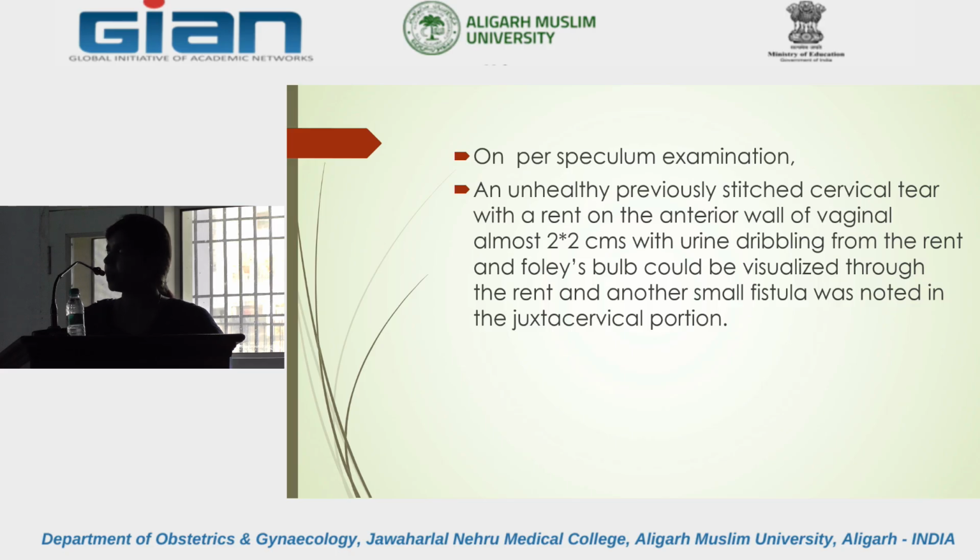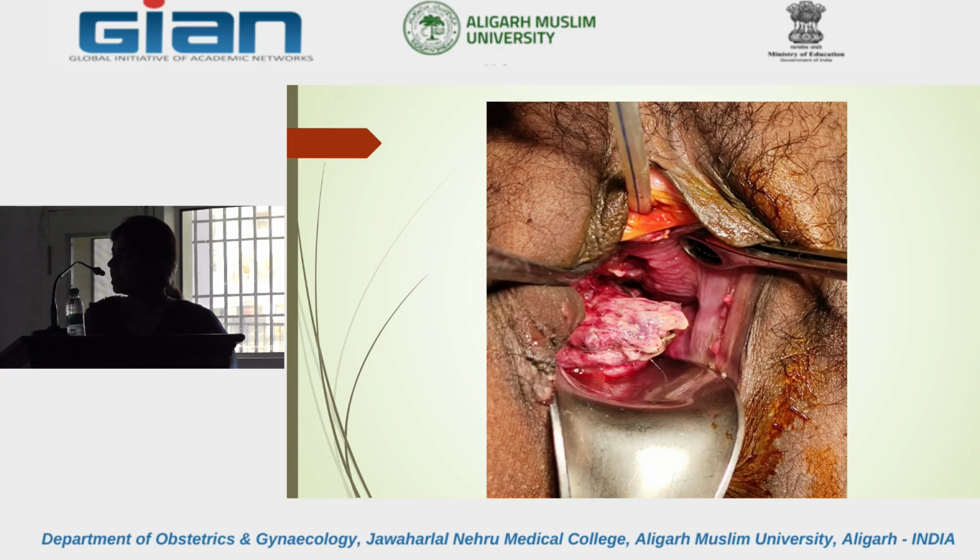So on speculum examination, an unhealthy previously stitched cervical tear with a rent on the anterior wall of vagina of around 2 into 2 centimeters was seen, from which urine was dribbling, and Foley's bulb could be visualized through this rent. And another small fistula was noted in the juxtacervical position. This is the image here, and one fistula is this that we can visualize here, and one was deep inside. So there was more than one fistula.